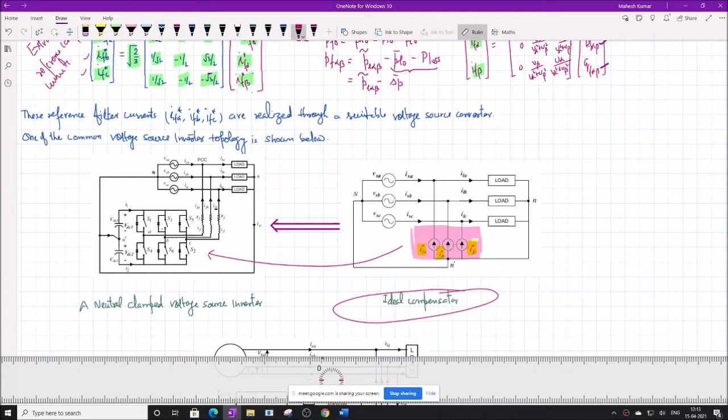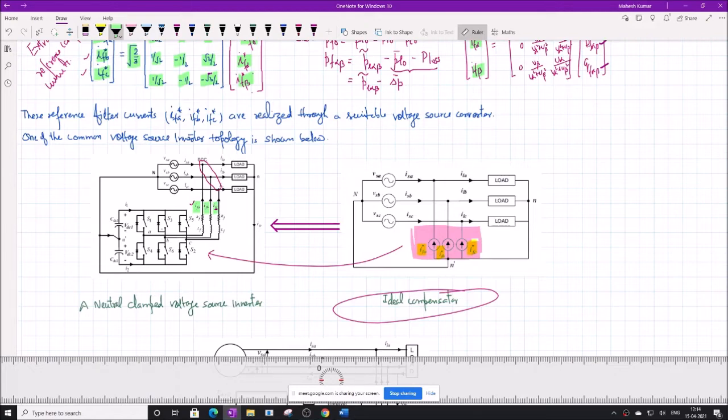The output of this converter is AC, which goes to the point of common coupling. You can see here, this is the point of common coupling, PCC. And at the point of common coupling, this inverter injects the currents IFA, IFB, IFC.